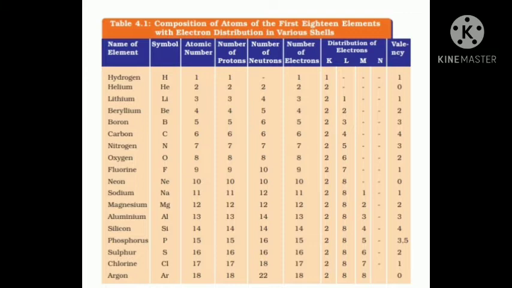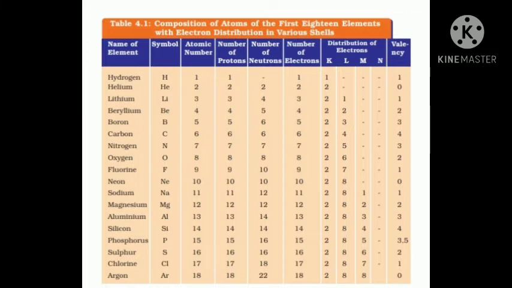Aluminium, atomic number 13. So the number of protons and electrons are 13. Number of neutrons 14. Distribution of electrons 2, 8, 3. 13 is 2 plus 8 plus 3. The valency is 3 as it has 3 electrons in the outermost shell.